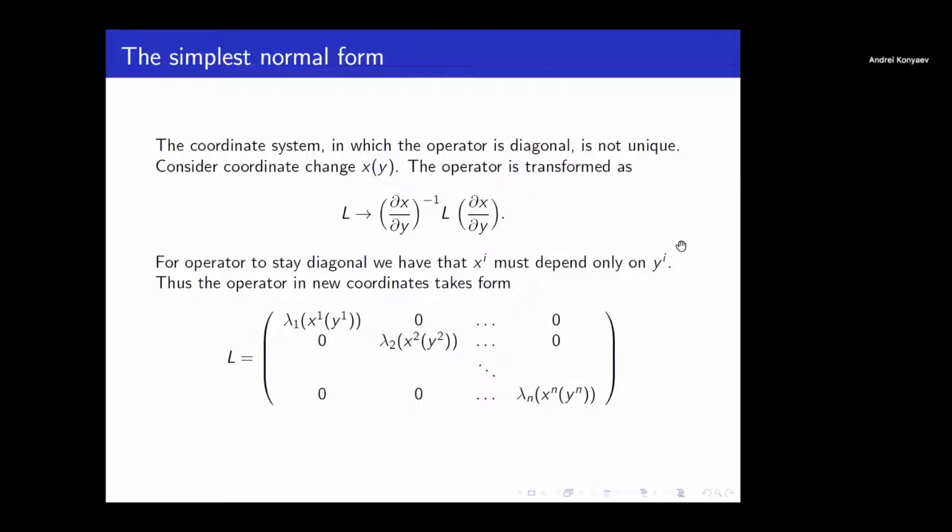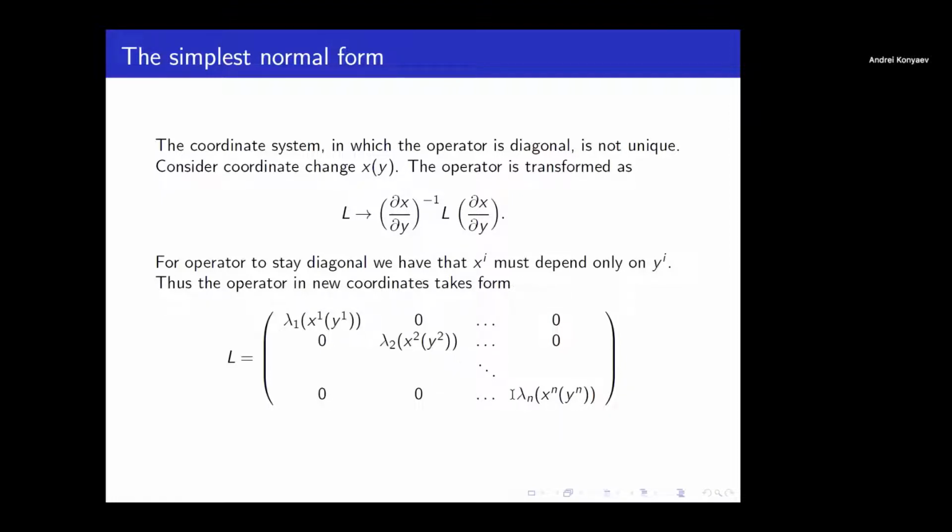And we see the coordinate change according to the rule of transformation, because this is only part of the transformation. When you transform a tensor in local coordinates, you first apply the Jacobian matrix, and then you need to substitute the coordinates into the tensor itself. We see that in new coordinates, in coordinates y, the transformation goes like this.